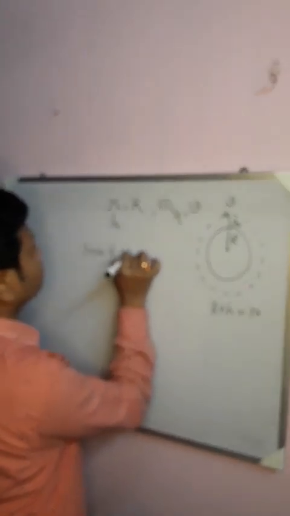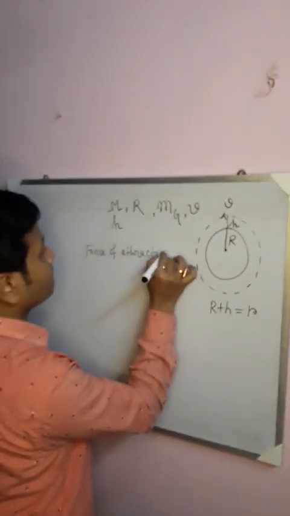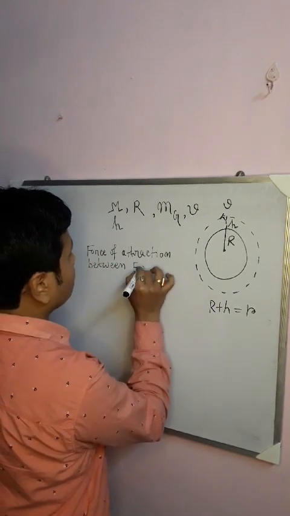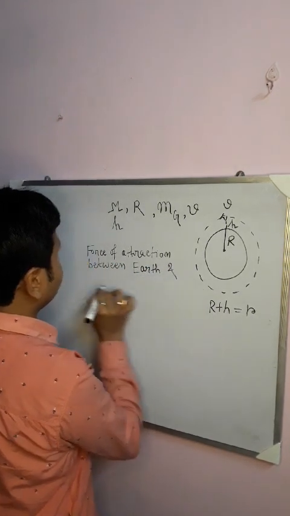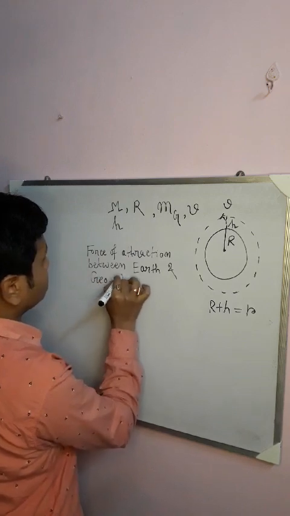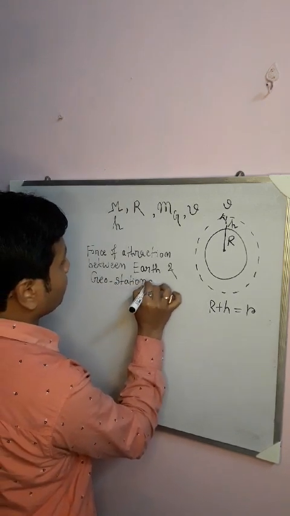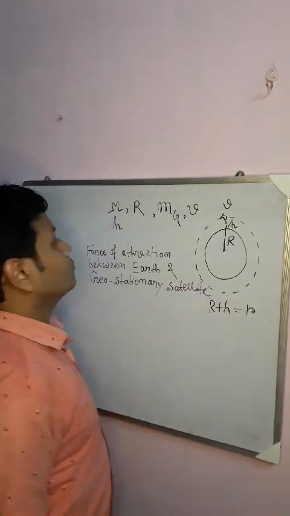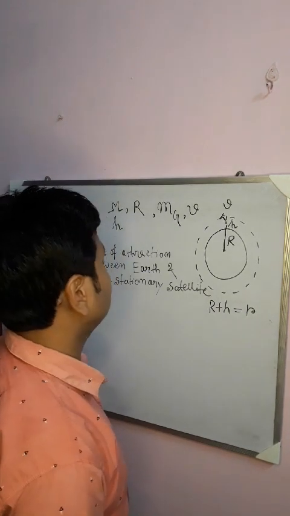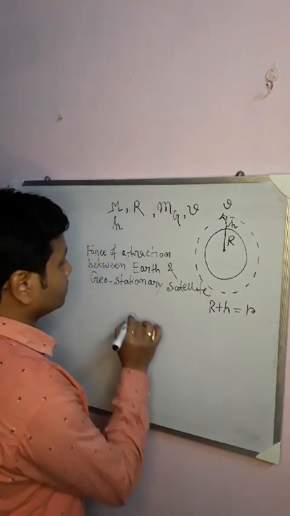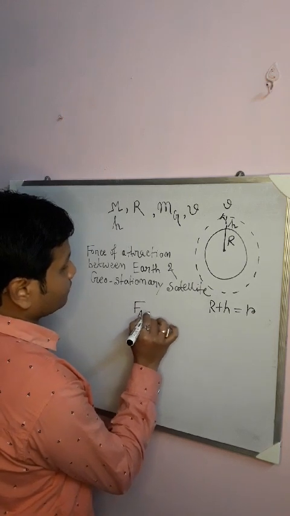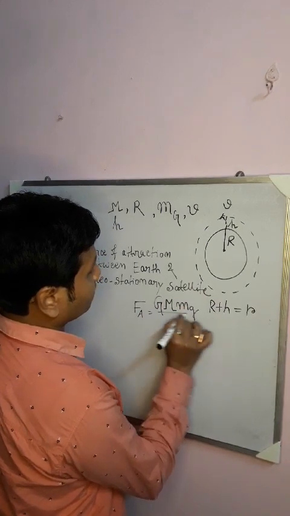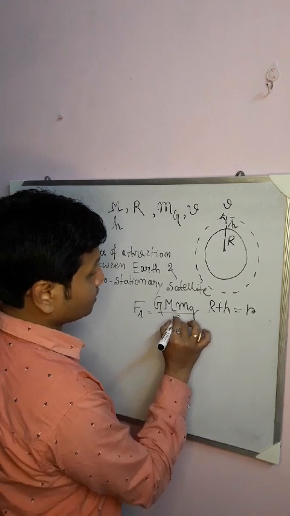If we denote it as Fa, it is G times the mass of Earth times the mass of the geostationary satellite, by (R plus h) whole square, which we simply write as small r square.